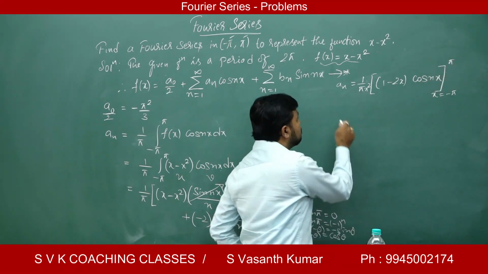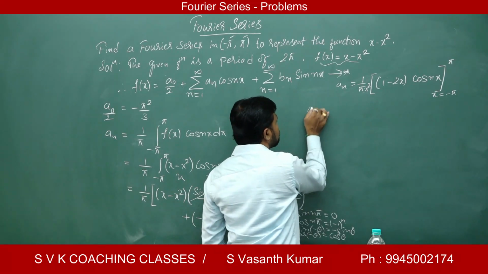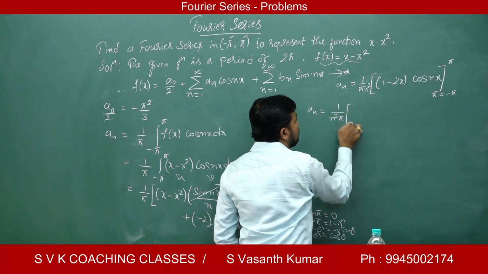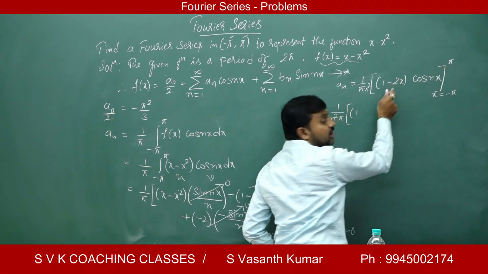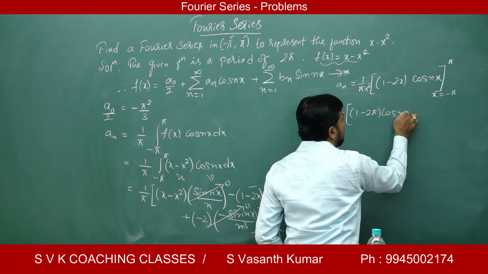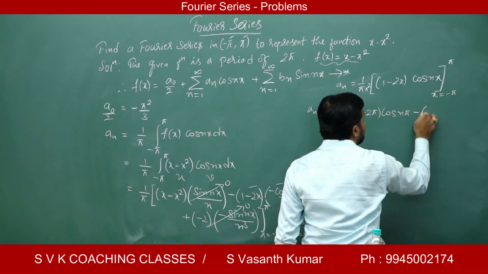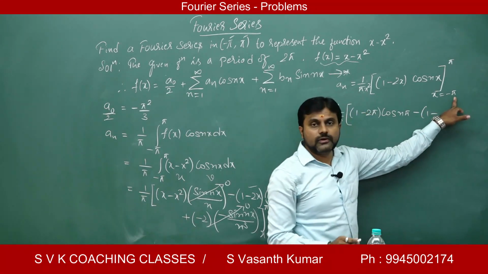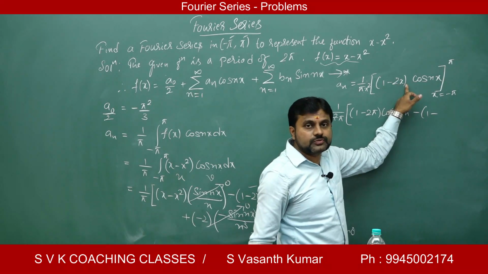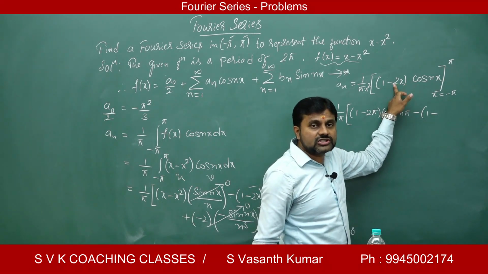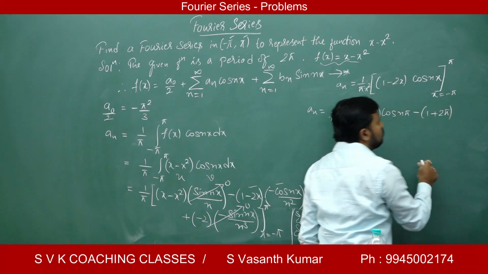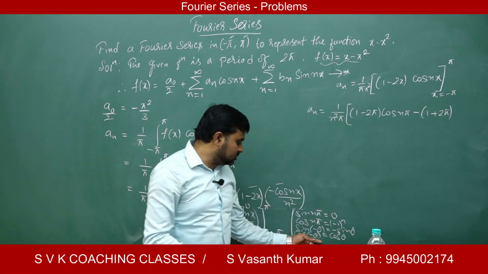Now substitute the limits. So an equals 1 by n square pi into upper limit: when x equals pi, 1 minus 2 pi into cos n pi, minus, of the lower limit: when x equals minus pi, 1 minus 2 into minus pi, it becomes 1 plus 2 pi, into cos of minus theta.